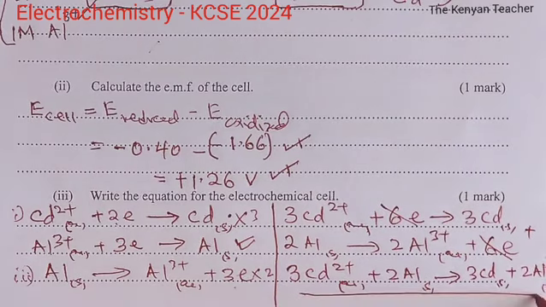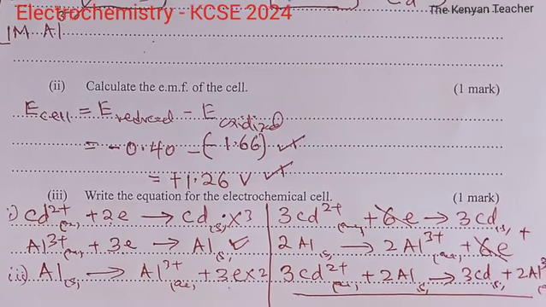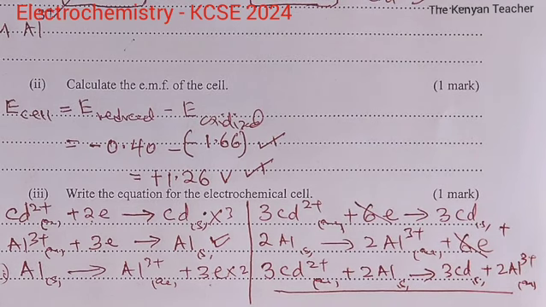So this becomes our equation for the complete electrochemical cell. It's a long process, but worth just 1 mark.